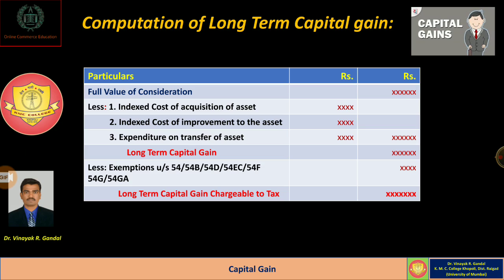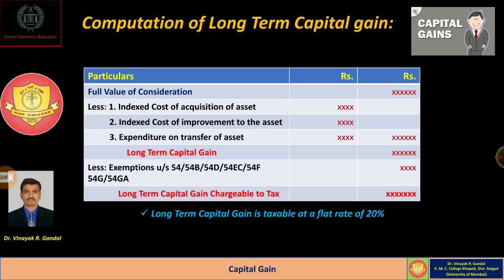After deducting all these, we get the long-term capital gain, and the assessee is also allowed exemption under Sections 54, 54B, 54D, 54EC, 54F, 54G and 54GA. Then finally we get the long-term capital gain which is chargeable to tax at a flat rate of 20%.